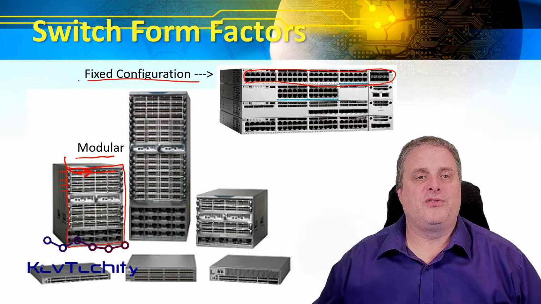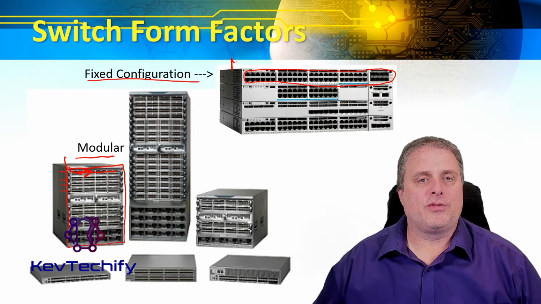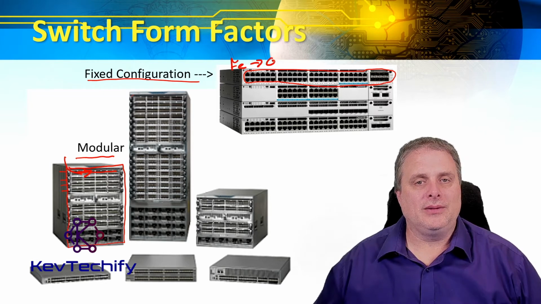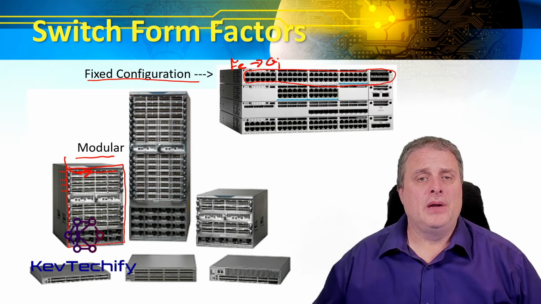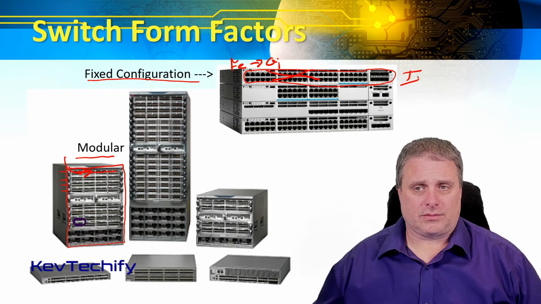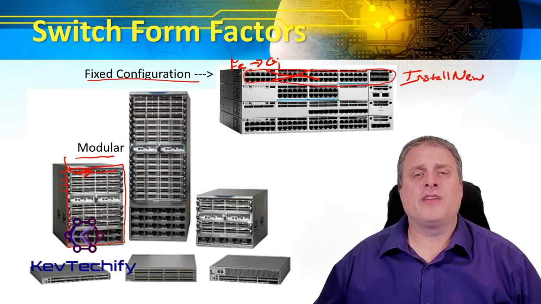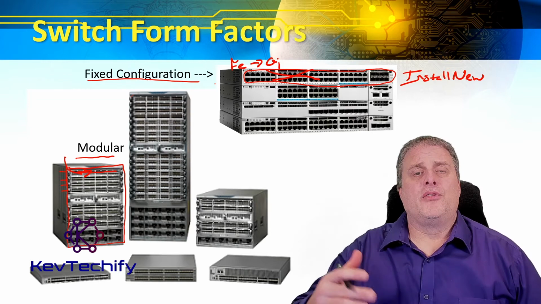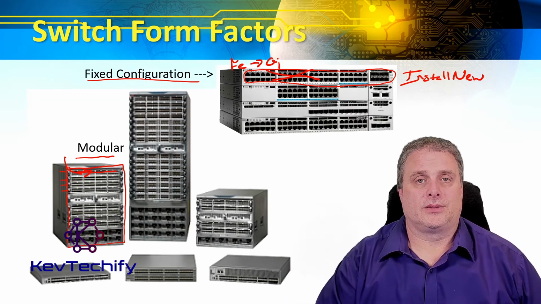Where with the fixed configuration, if you want to go from fast Ethernet to gig, what you have to do is buy a whole new switch, take this one, get rid of it, and then install the new one. You have to completely replace it. So, fixed and modular form factors.